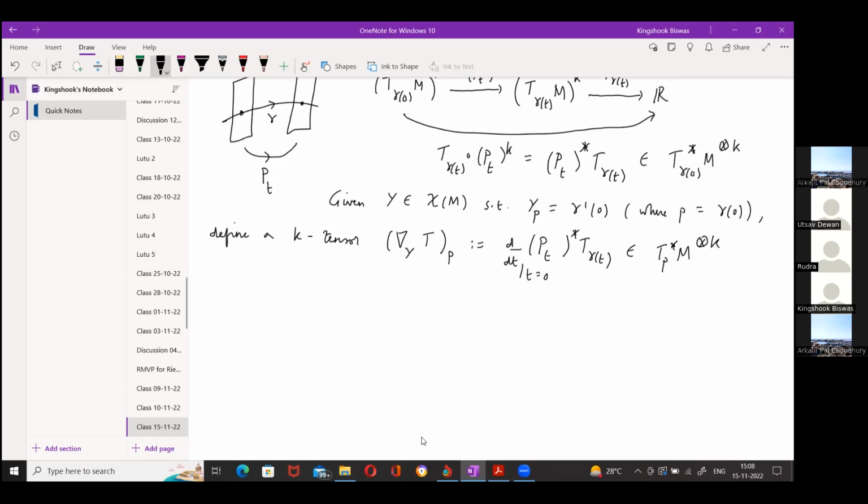Thus given T a k tensor and Y a vector field, we get nabla sub Y of T. This is also a k tensor.